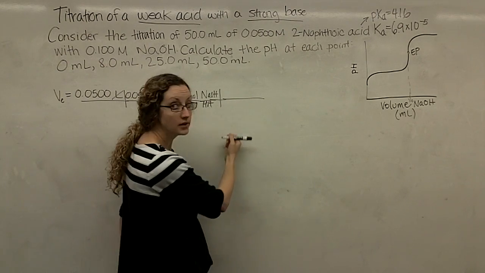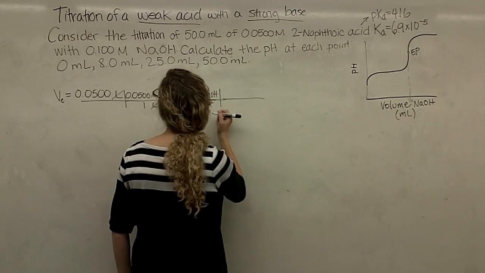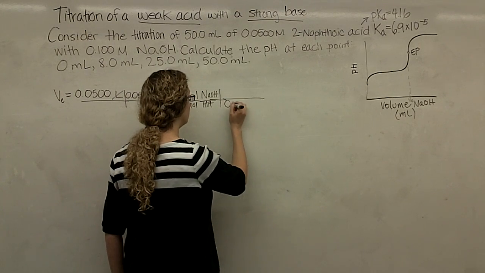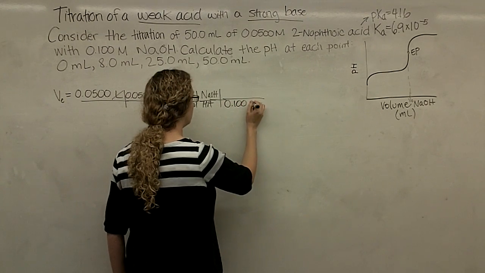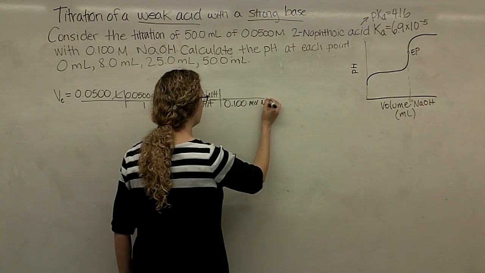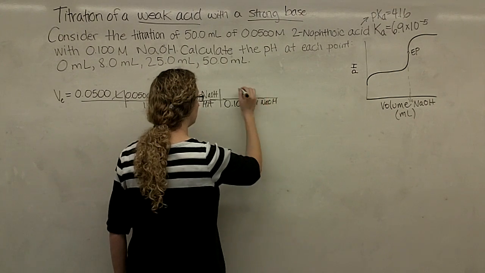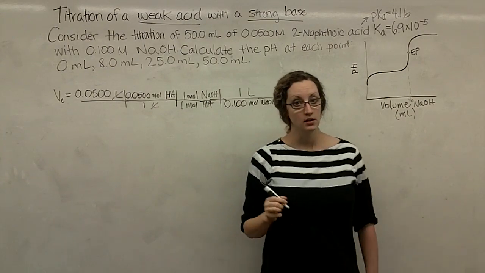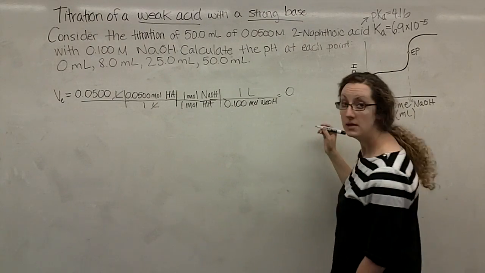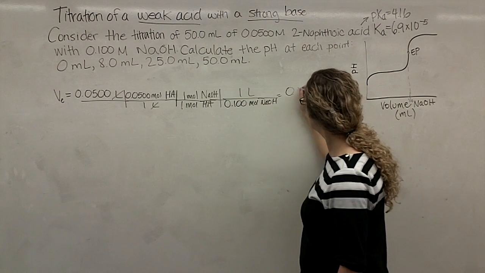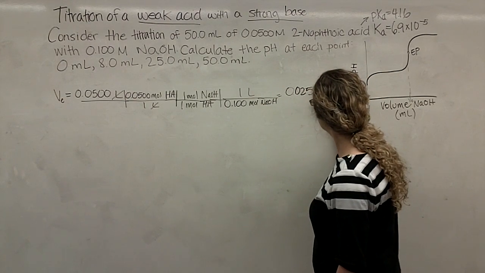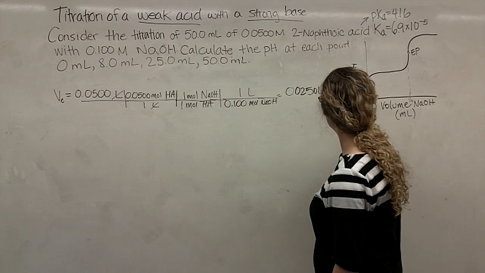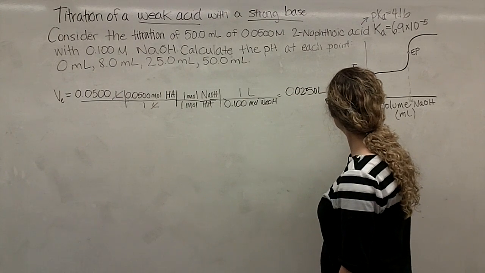Then we know that the concentration of the sodium hydroxide is 0.100 molar. This equals 25 milliliters, or 0.0250 liters, for my sodium hydroxide.